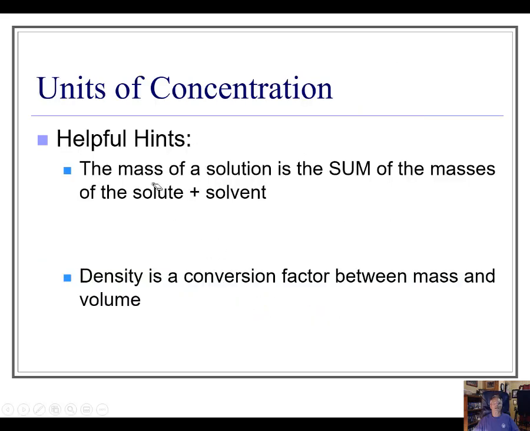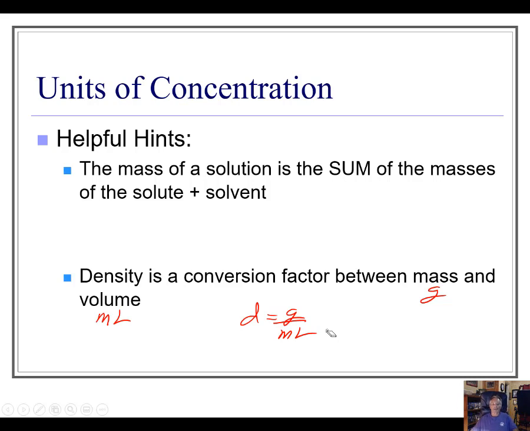Units of concentration, helpful hints. The mass of a solution is the sum of the masses of both solute and solvent. Don't forget that. The density is a conversion factor between mass and volume. As long as we're working with solids and liquids, the mass will generally be in grams, the volume will be in milliliters, and so density will be expressed as grams per 1 milliliter.